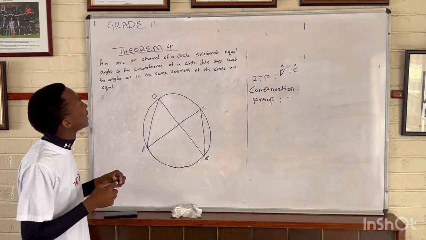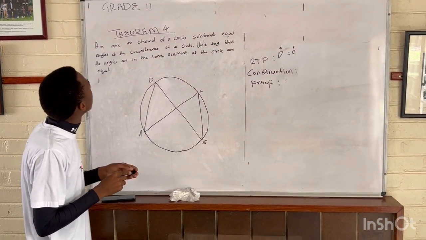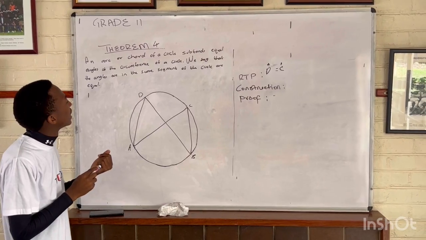And now we'll be doing theorem 4, which states that an arc or chord of a circle subtends equal angles at the circumference of a circle. We say that angles in the same segment of the circle are equal.